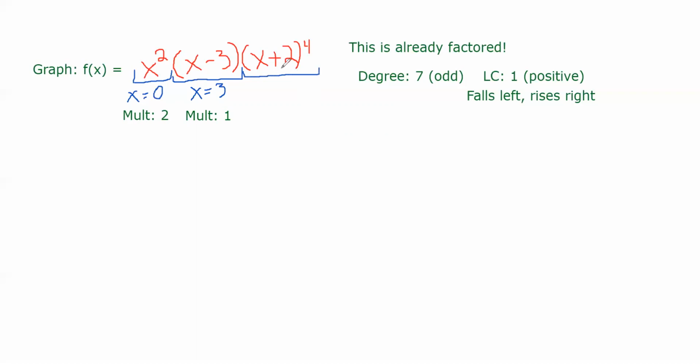Finally, up here, we're going to have x plus 2 as the factor. So the root itself is going to be negative 2. Basically, you flip the sign on it. And then we can see it clearly has a multiplicity of 4.